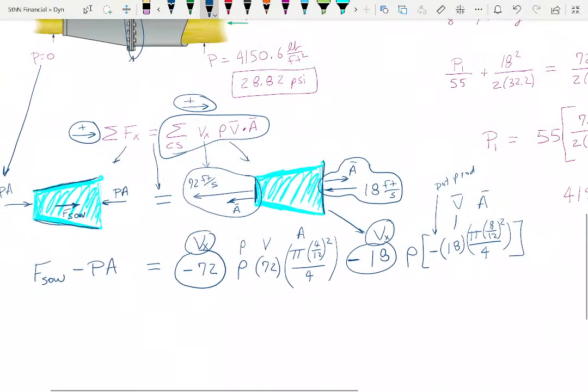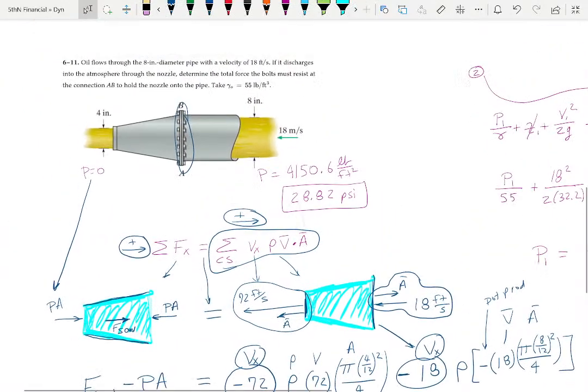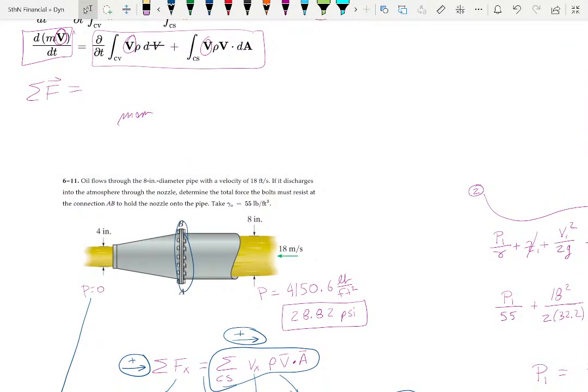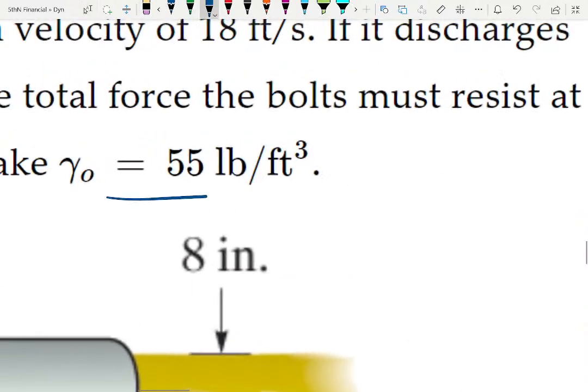So he said the density of this thing is 55.